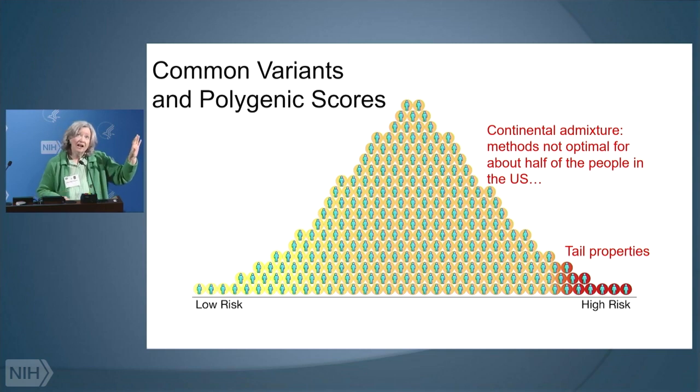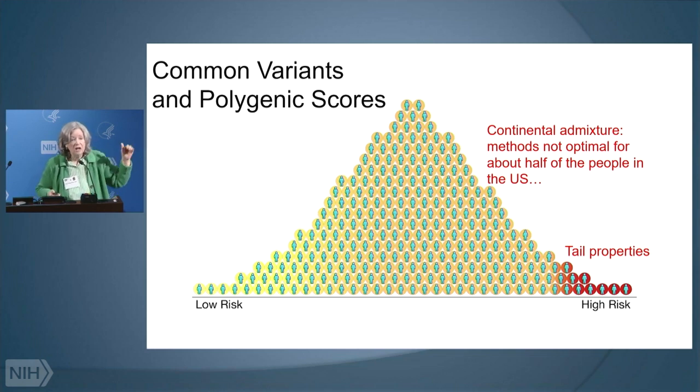And so the failure to have had enough genomes early on to ensure that methods accommodated the level of complexity that we need to deal with in treating populations in the U.S., in delivering genetic data to populations in the U.S., is going to haunt us for some time.